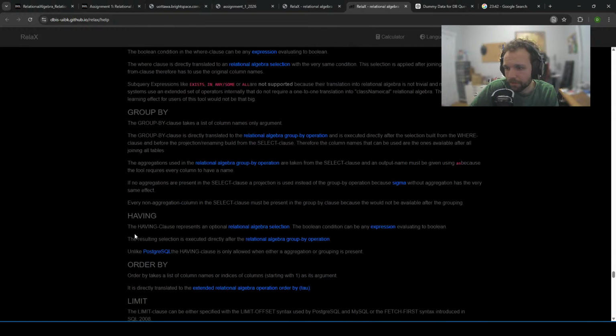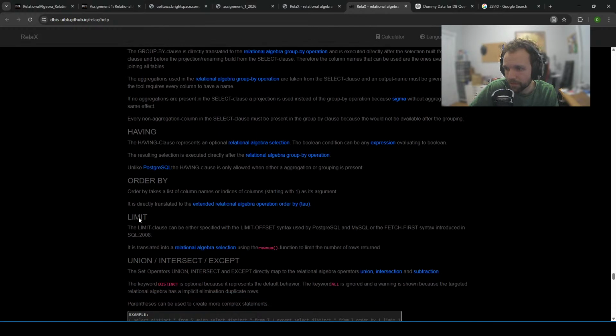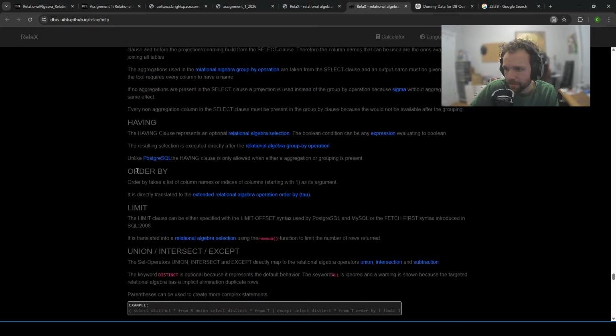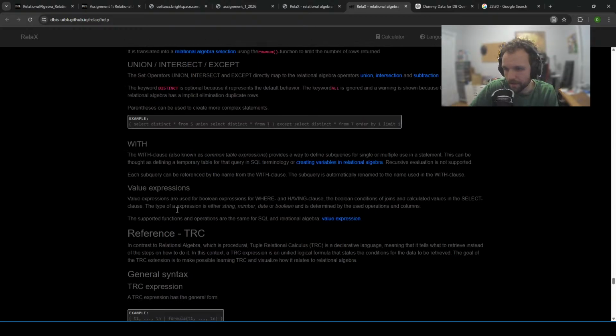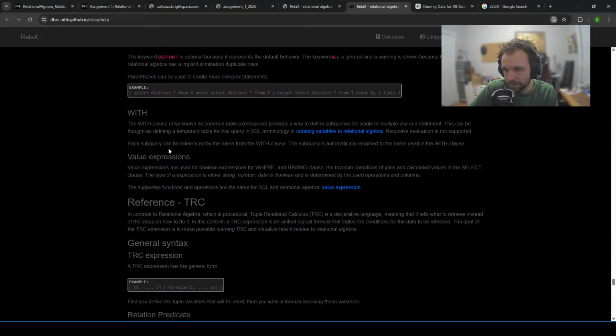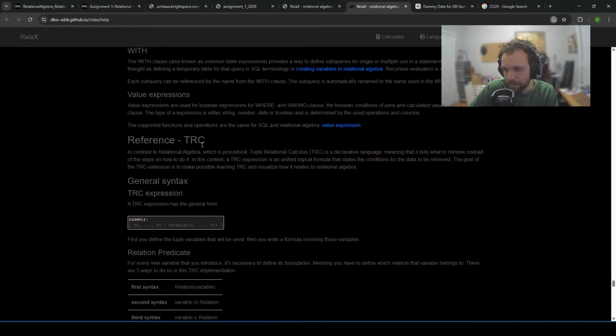Select, from, where, group by, having, ordering, limit, union, having. PostgreSQL, I really need to get more into that, with value expressions. Oh, there is tuple relational calculus in here.